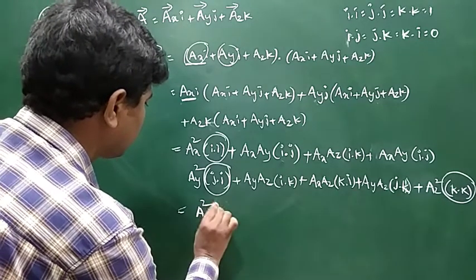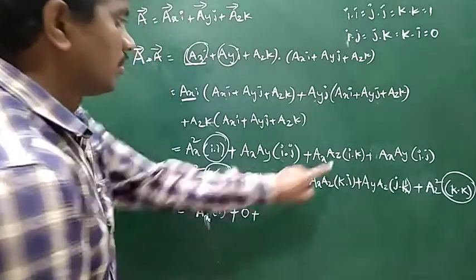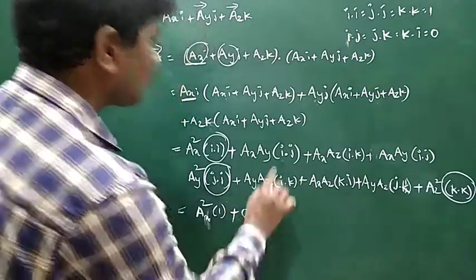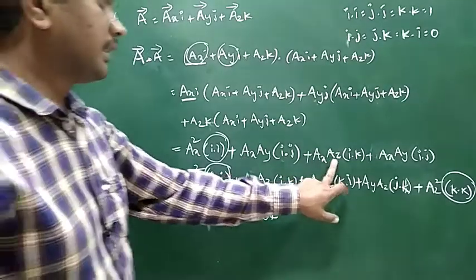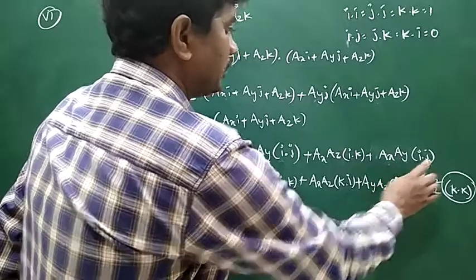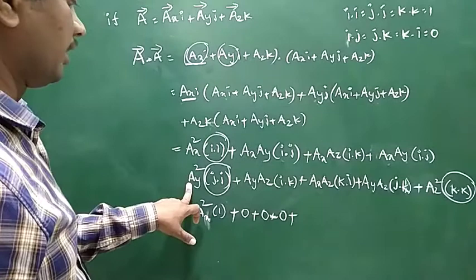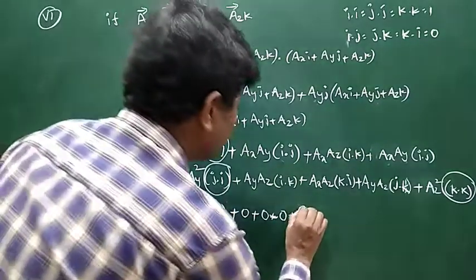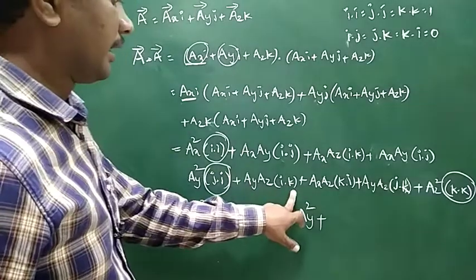Final answer: ax square into 1 plus 0, since i dot j equals 0, plus ax az into 0 plus ax ay into 0 equals 0. Plus ay square, j dot j equal to 1, and i dot k equal 0.